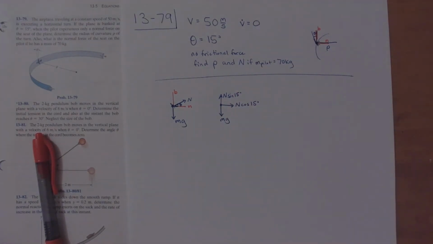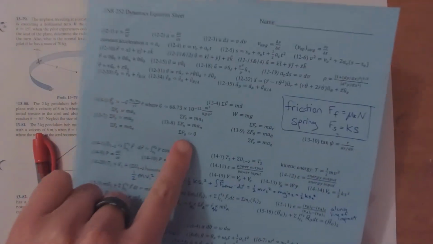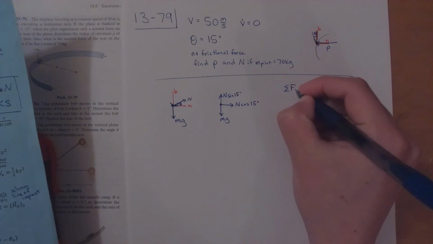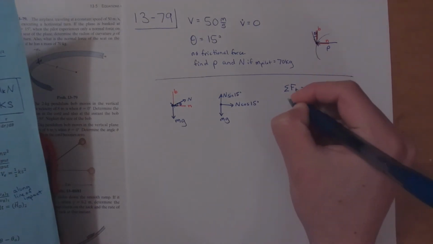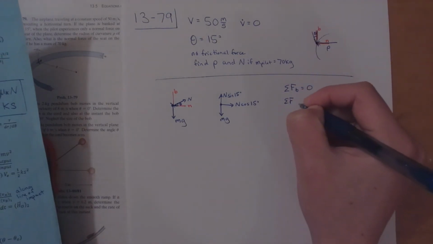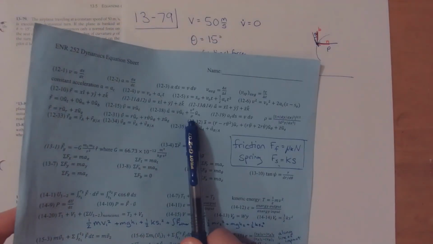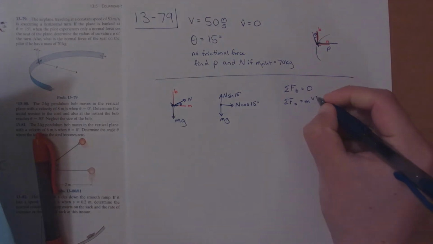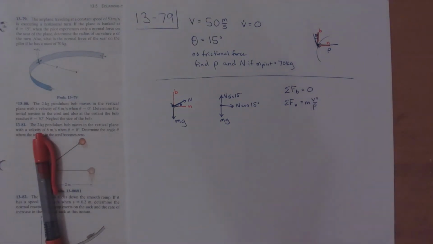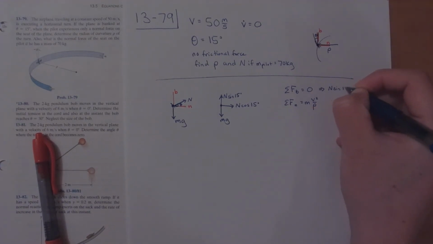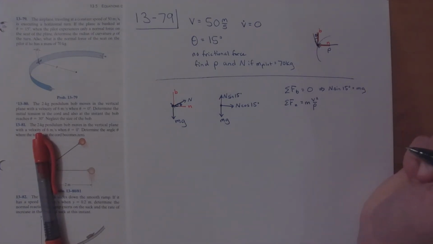Now we take a look at our equation sheet, and the sum of the forces in the binormal direction is 0, and the sum of the forces in the normal direction is the mass times the acceleration in the normal direction, which is v squared over rho. So in the binormal direction, we have n sine of 15 degrees is equal to m times g.